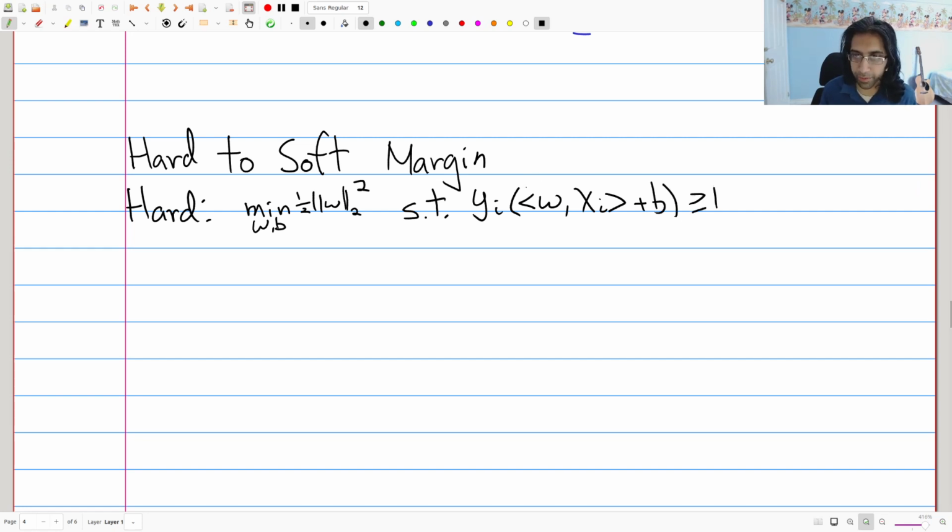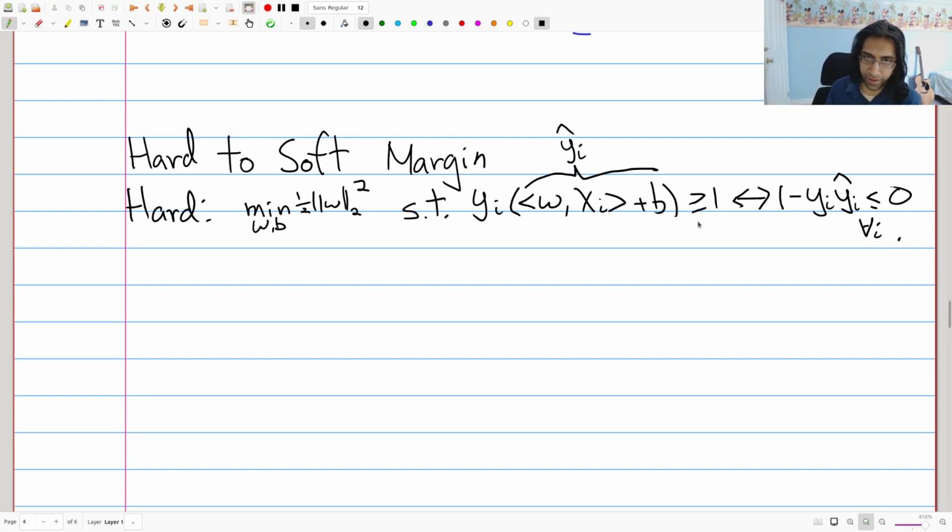Now let me recall some notation I introduced, but didn't use too much. We'll use it more in this lecture, where this is going to be yi hat. Another way of rewriting this is that we want 1 minus yi hat to be less than or equal to 0 for all i.